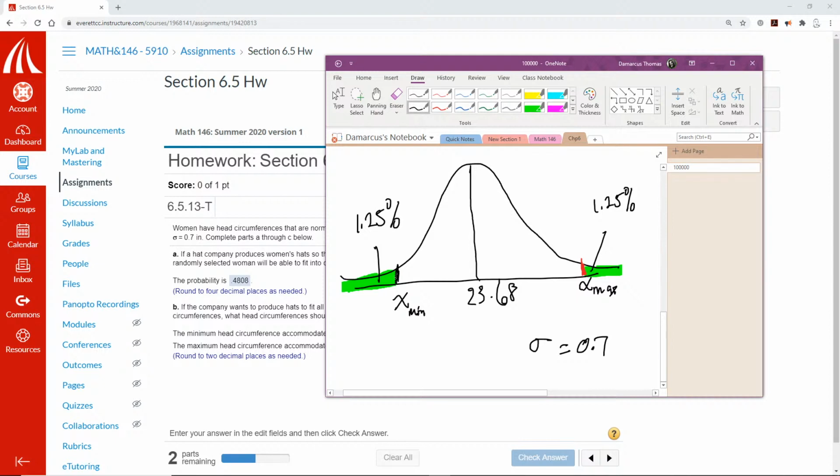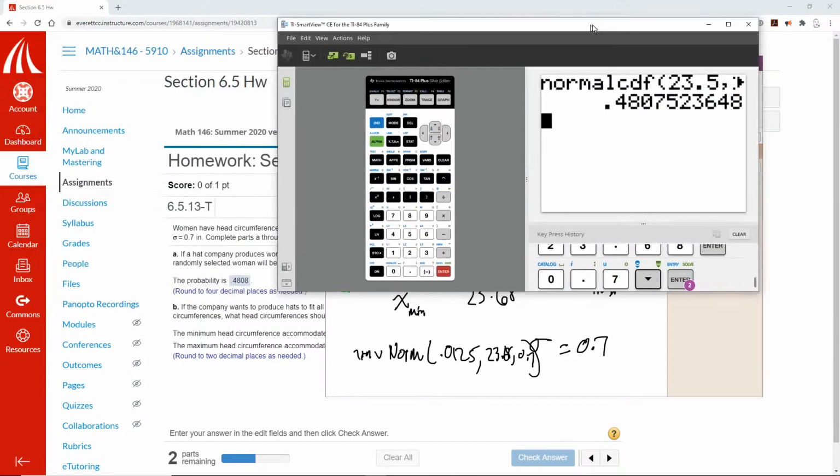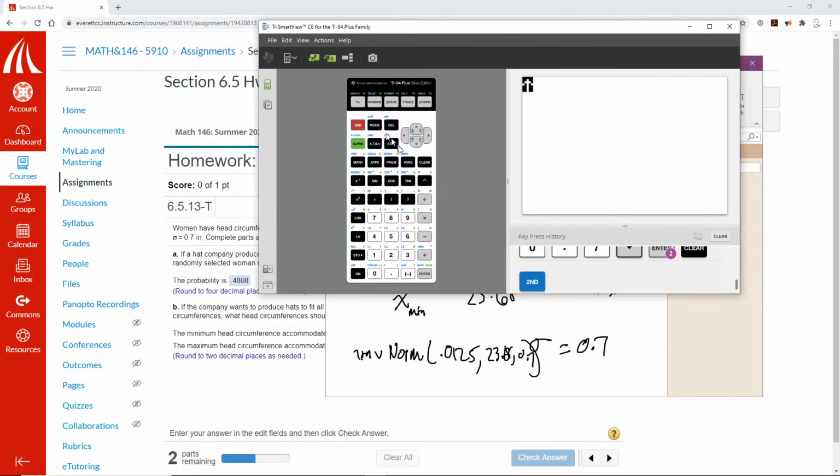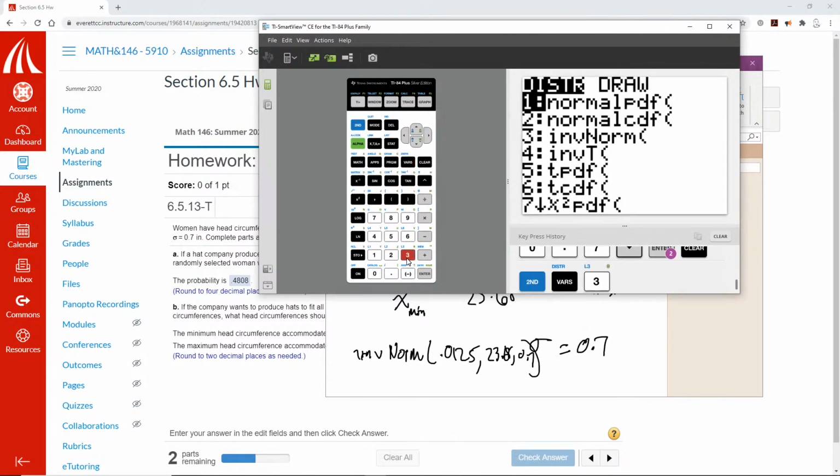So what is this value that's going to give me the lowest 1.25%? So what we're going to do is use inverse norm, INV, of this area. You have to convert this to a decimal, 0.0125. The mean and the deviation, 0.7. Let's do it. Go to second, distribute, number 3.